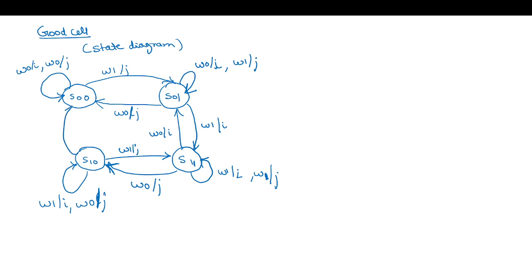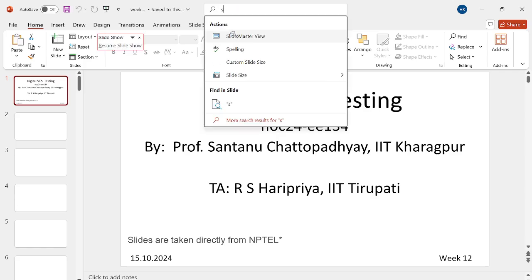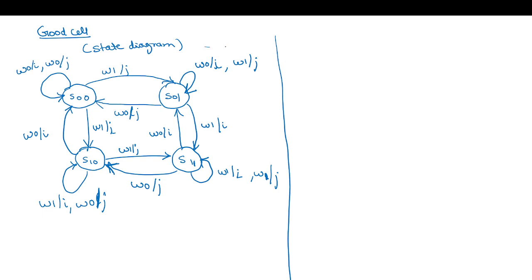And to go to this, W0 should be I, W1 should be I. So this is considering the two-bit state diagram.